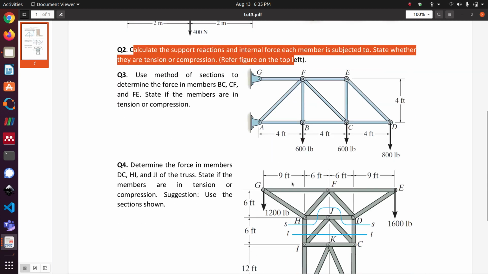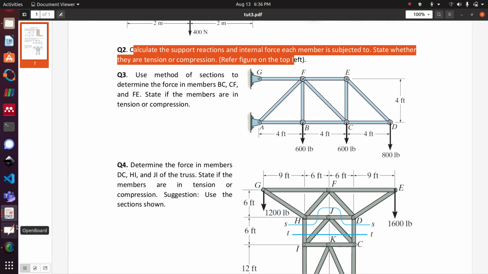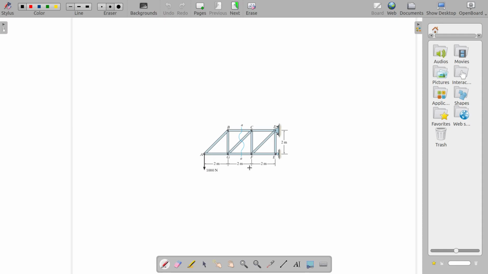So today we will talk about a new technique called method of sections, which is useful in certain types of situations. And we will use that technique to solve question number 3 and 4.